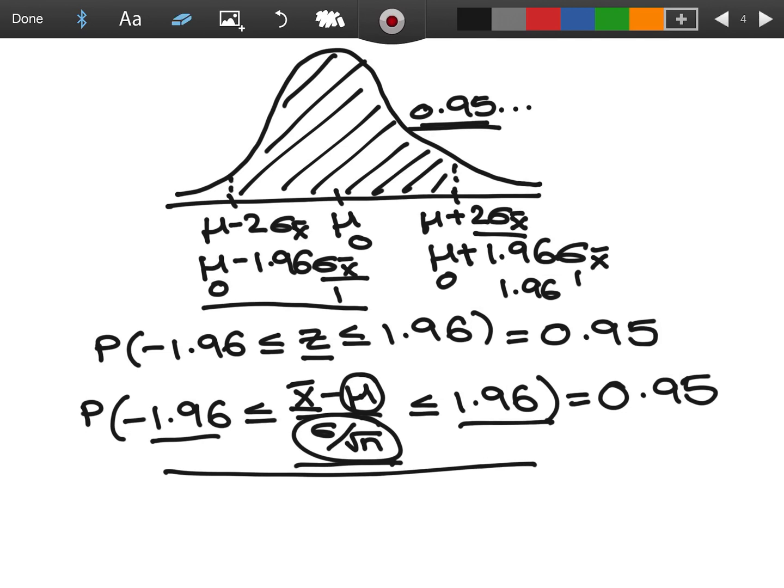Then, because I have a negative of the population mean, I have to multiply through by -1 or divide through by -1. What that does is flip these inequalities around. If you would like to do this, you can, or you can take my word for it. But what you should get within this probability is this formula.